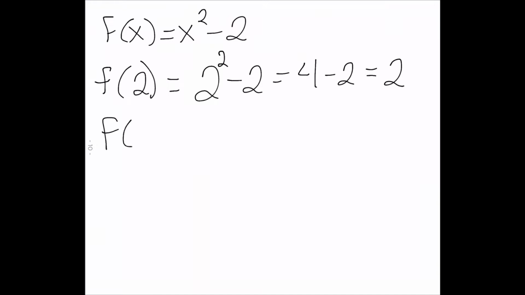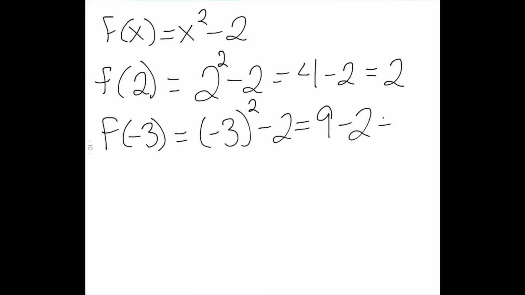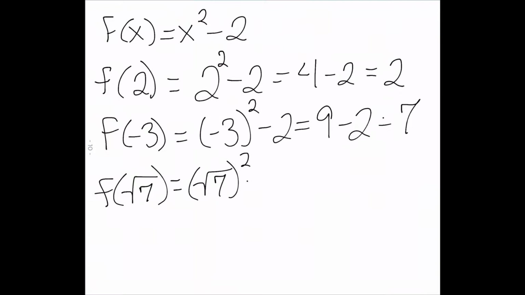If I try to find f of -3, I would have (-3) squared minus 2, which is 9 minus 2, or 7. I could do f of the square root of 7. That would be the square root of 7 squared minus 2. The square root of 7 squared is 7, minus 2 is 5.